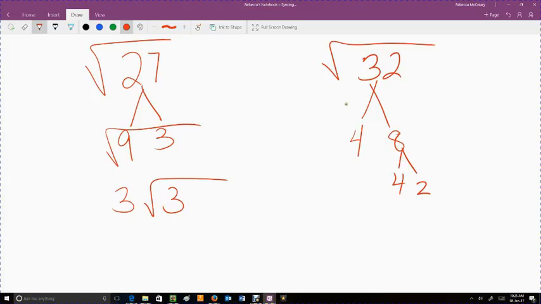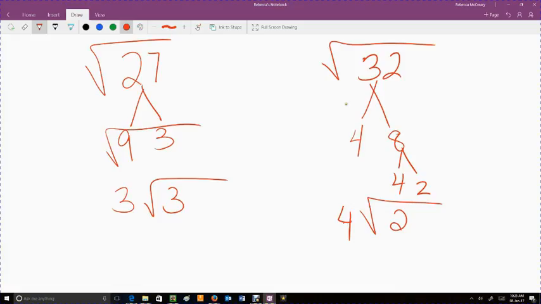So we've got two 4s, right? And then a 2. So we're going to be left with our square root of 2 inside. We could take 2 times 2, or we could just say, hey, there's a 4 squared inside here. So I'm just going to go ahead and write my 4 there right now. Of course, 32 is also 16 times 2, so you could take it that way, but that's perfectly fine.